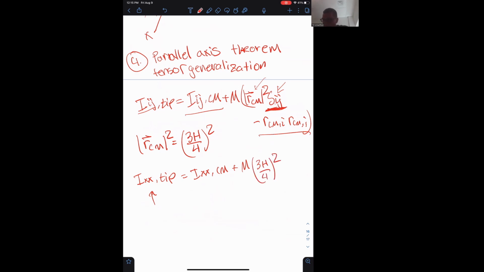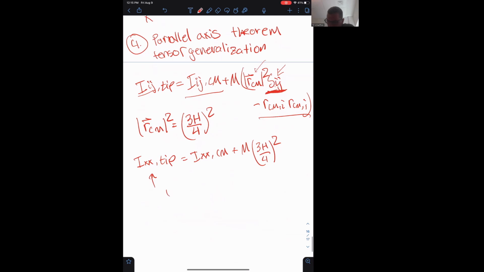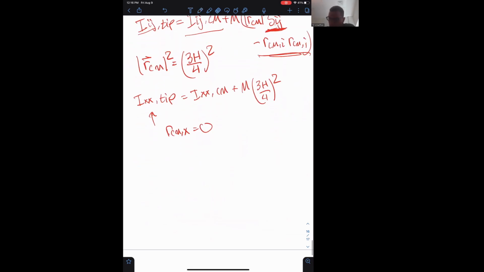And now our center of mass x is equal to 0. So these two parts just give us 0. So if we rewrite this, I xx center of mass is equal to I xx tip minus this thing here.